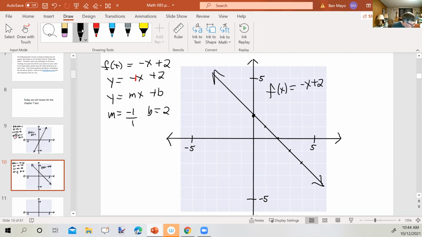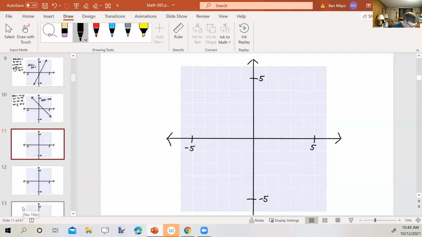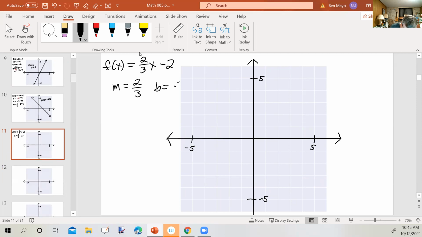Okay, let's take a look at this one. F of x equals 2/3 x minus 2. So here the slope is 2/3 and the y-intercept is -2.